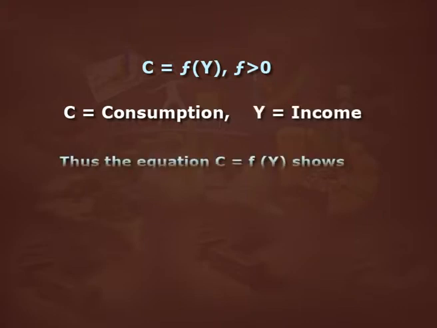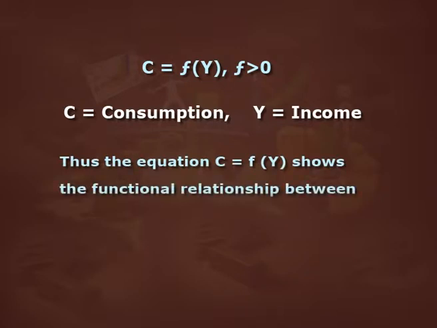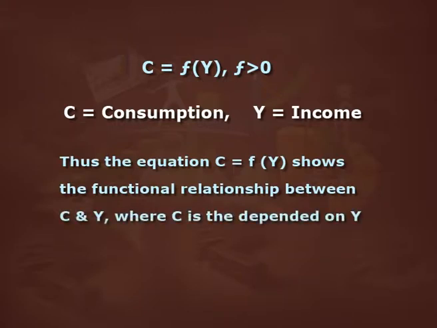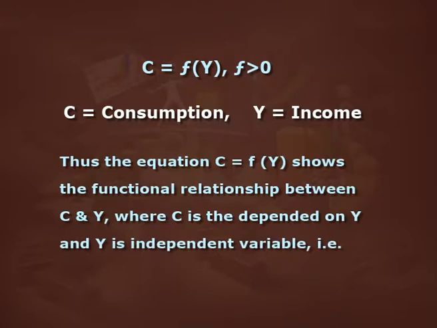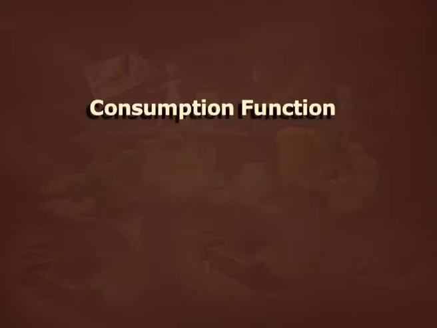Thus, the equation C = f(Y) shows the functional relationship between C and Y, where C is dependent on Y and Y is an independent variable, that is, C is determined by Y. The consumption function can also be written as C = A + bY.